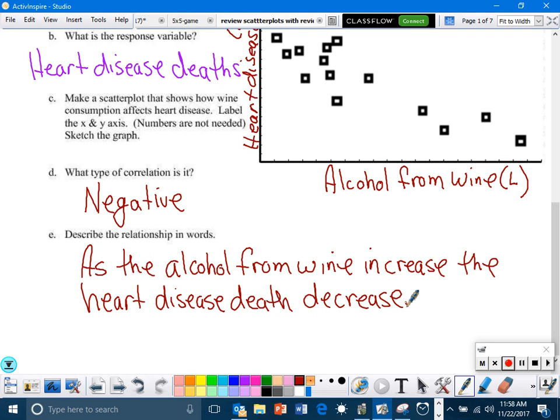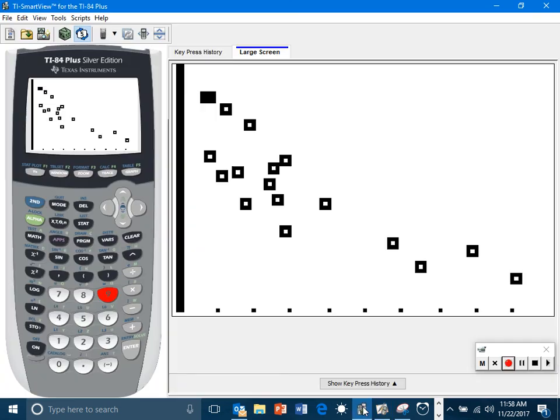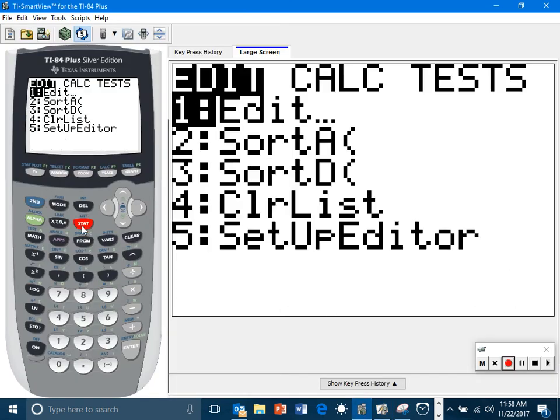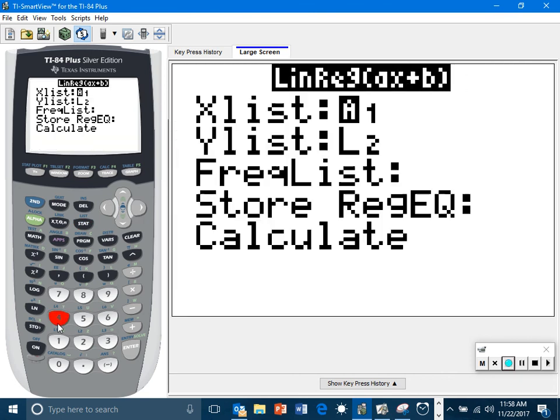Next page. We've already done this. Type the data into your calculator. What is the correlation? In order to get the graph, we had to type the data in. So we now need to do stat calculate, number 4.